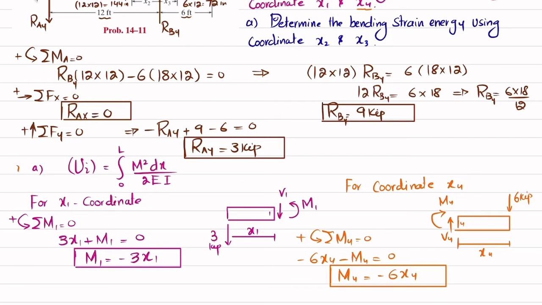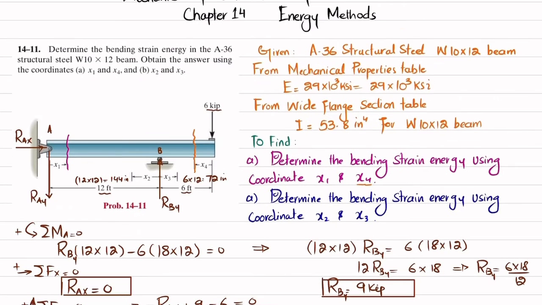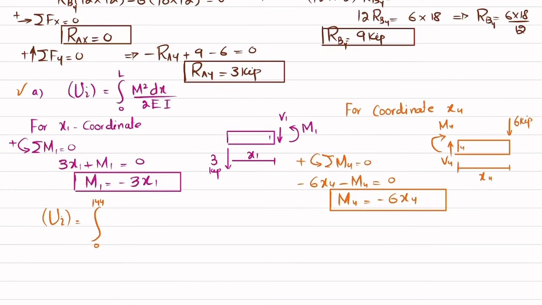Now you have both the moments. So what we are going to do, we will put them in this formula. So we know that the strain energy due to bending moment, for coordinate x1, you can see its length is from 0 to 144 inch. For x coordinate 1, x1 is 0 to 144 inch, and for x4 it is from 0 to 72 inch. So we will put the value of M1. M1 is minus 3x1 whole squared dx divided by 2EI, plus the integral from 0 to 72, and M4 is minus 6x4 whole squared dx divided by 2EI.